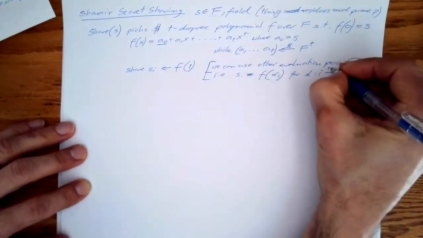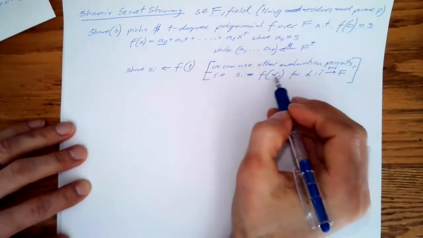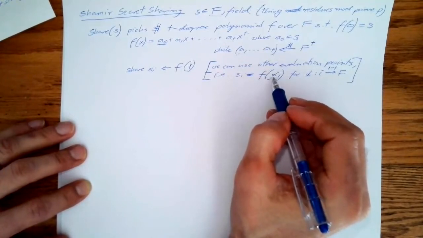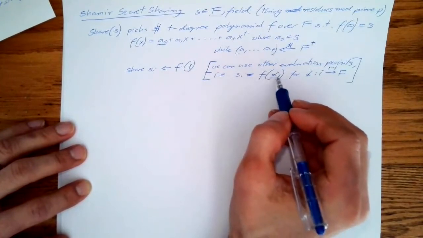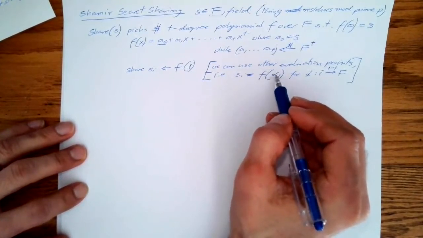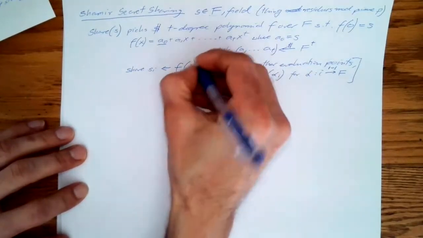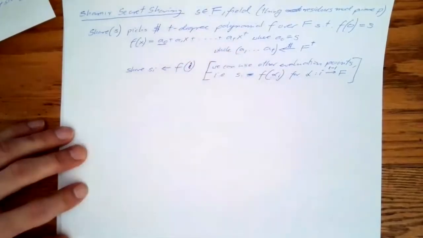It's important that it's one-to-one. So players are assigned to some points in the field, and the share of that player is the evaluation of the secret sharing polynomial at the field point assigned to that player. Everybody knows these points, and they all have to be unique. For simplicity, we can say that you just evaluate at his index.